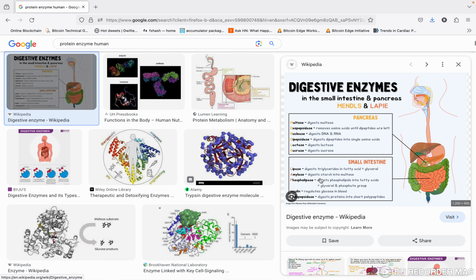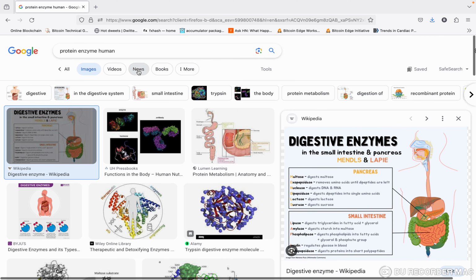Lipase. Okay, lipase is also secreted from the small intestine, and lipase digests fat.